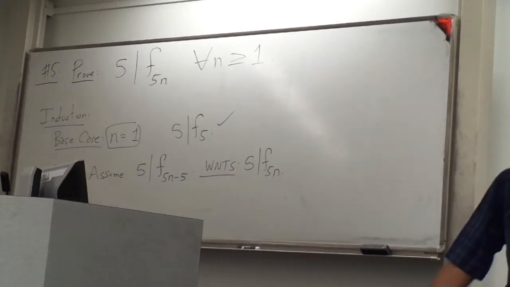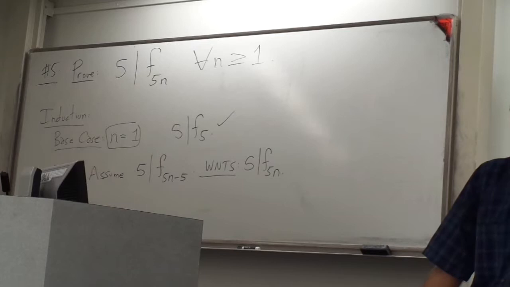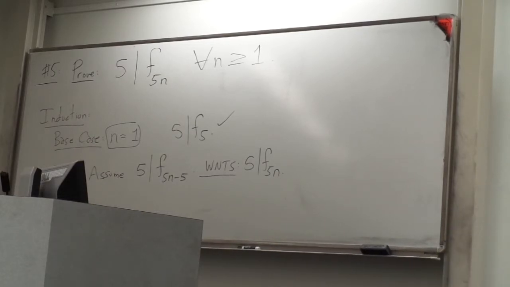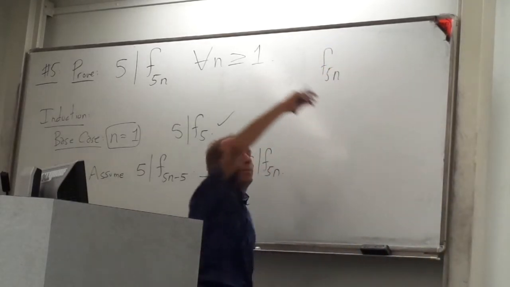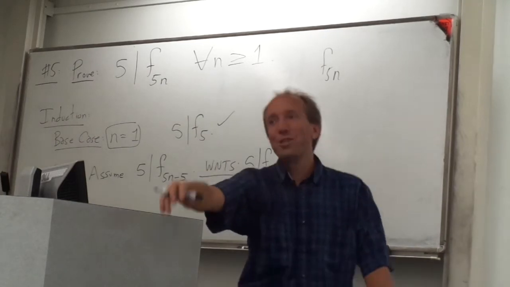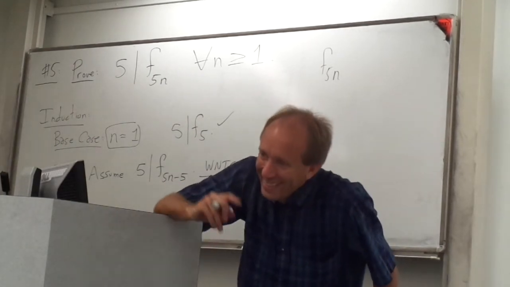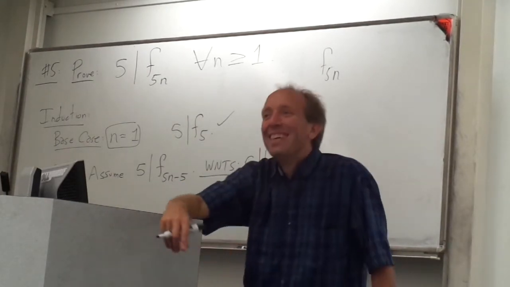Anybody have any ideas what I can do? Start with f sub 5n. Okay. What do you want to do with that? Oh, I think I know what you want to do, but I'm going to jump in here already because I'm too excited.